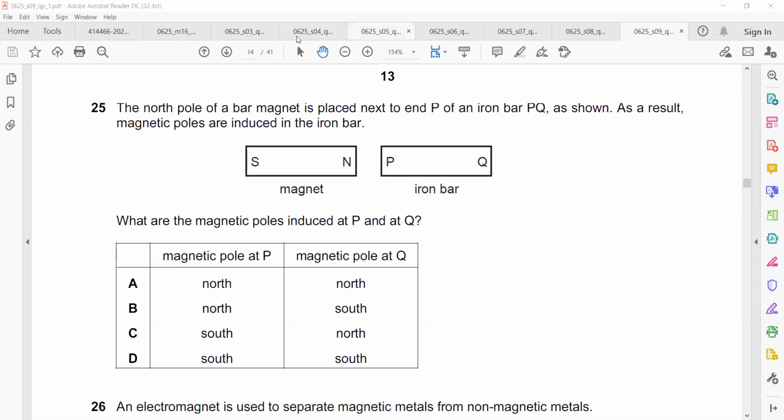A magnetic pole always induces magnetism. So if north is facing, that pole will be south and the other one will be north. So the pole at P will be south and the pole at Q will be north.